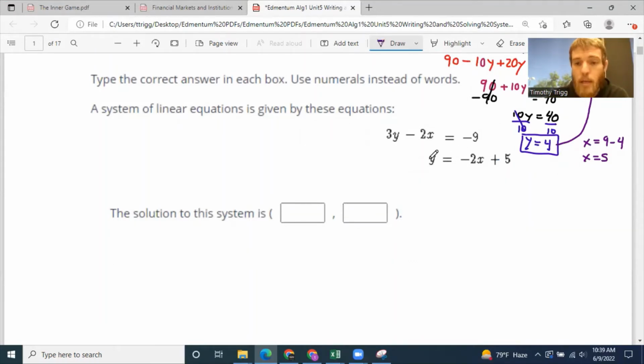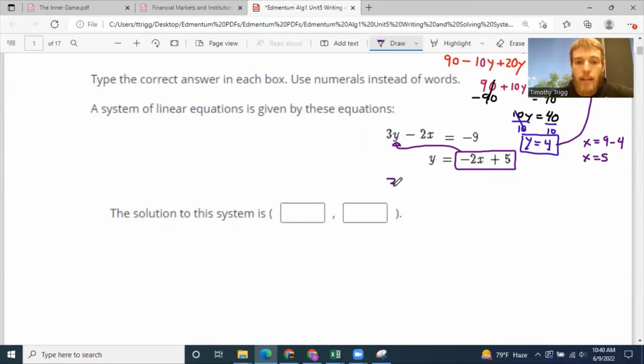So we're going to take this y equals negative 2x plus 5, and substitute it in for the value of y here. So 3 times y becomes 3 times negative 2x plus 5, because that is what y is.